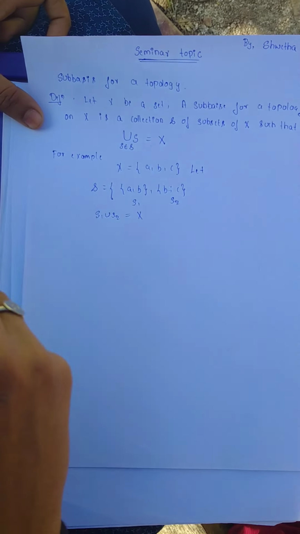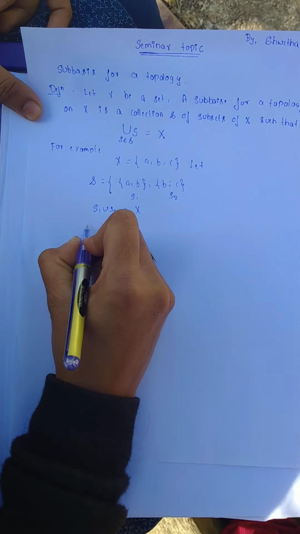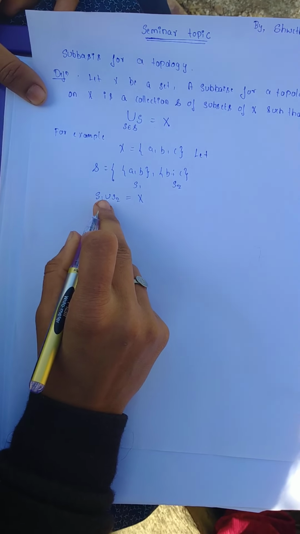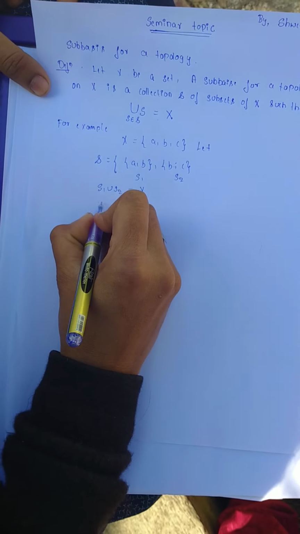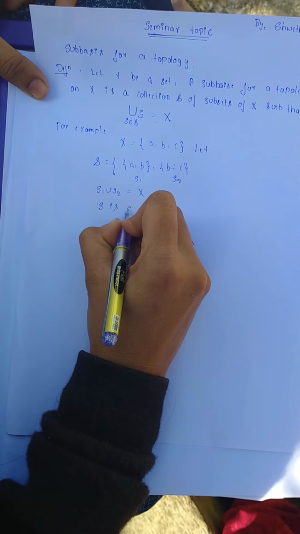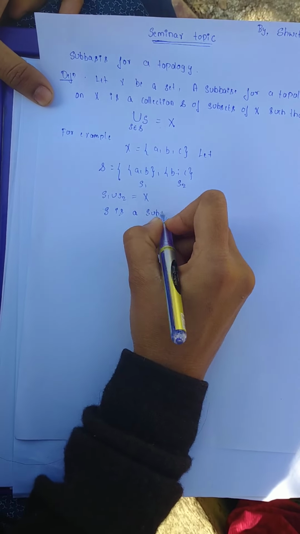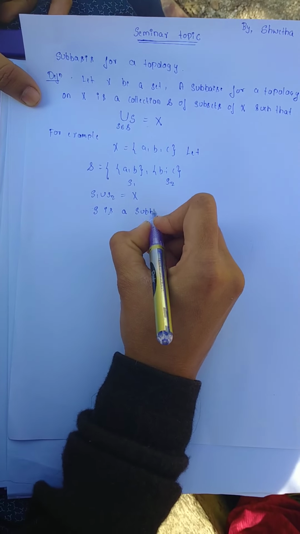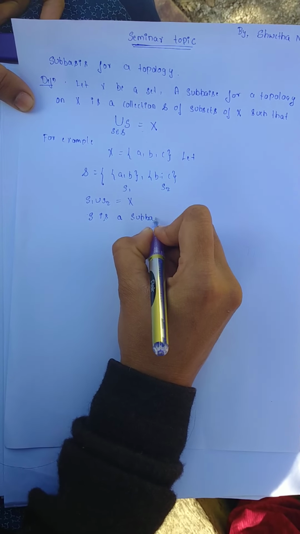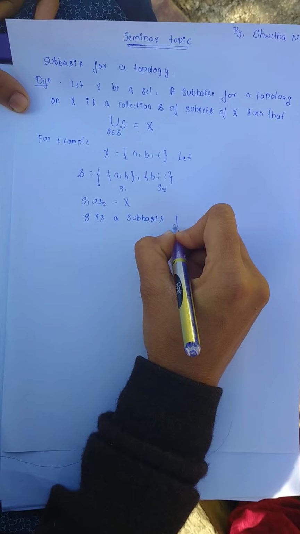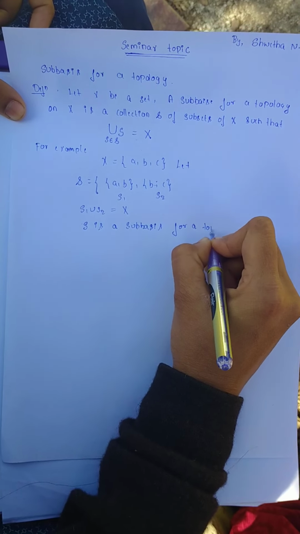It is equal to X. Therefore, the union of S1 and S2 is equal to X. S is a subbasis for a topology on X.